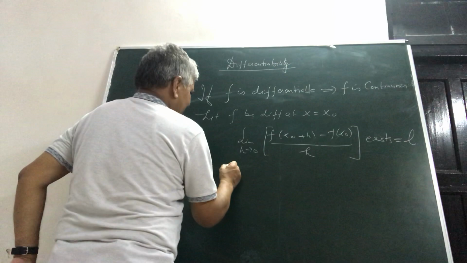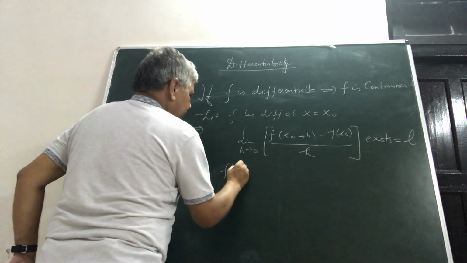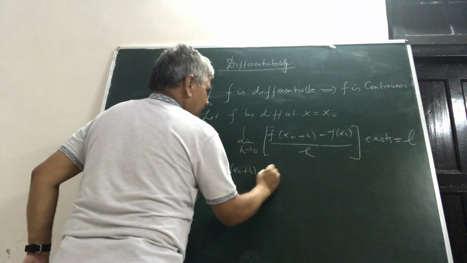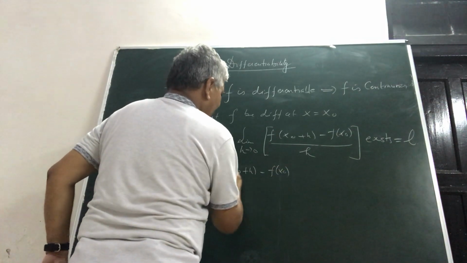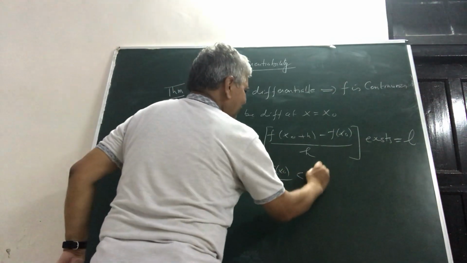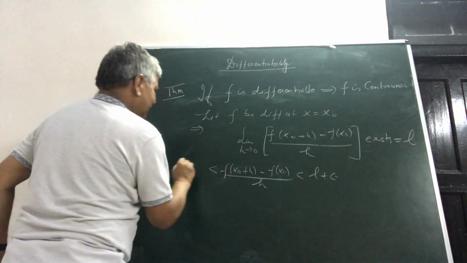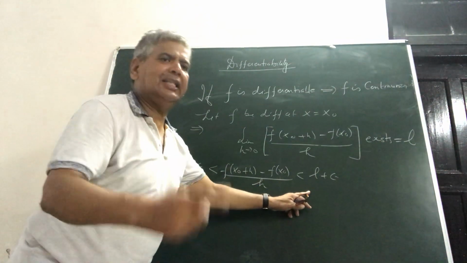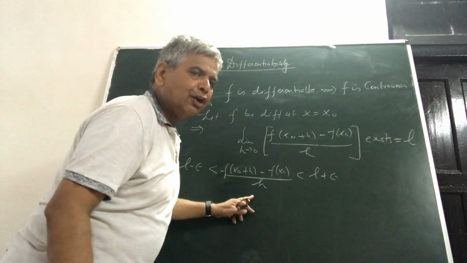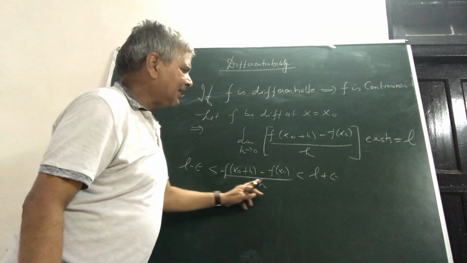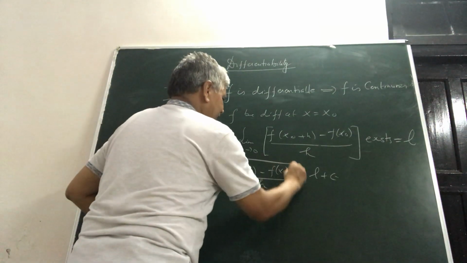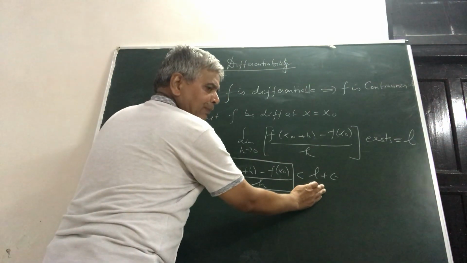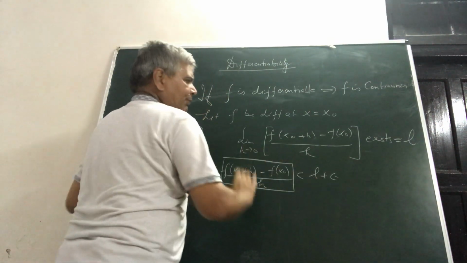My function is (f(x naught plus h) minus f(x naught)) upon h. This thing will lie between L minus epsilon and L plus epsilon. Please recollect the geometrical definition of the epsilon neighborhood.